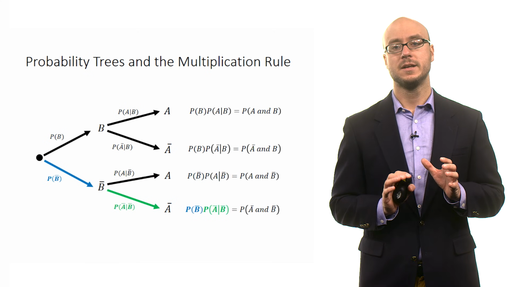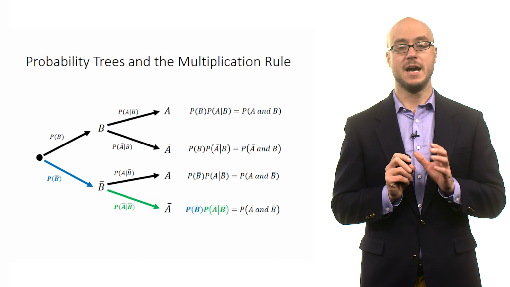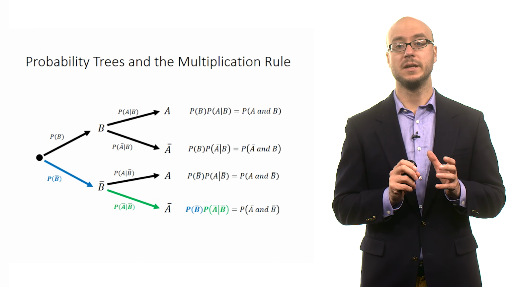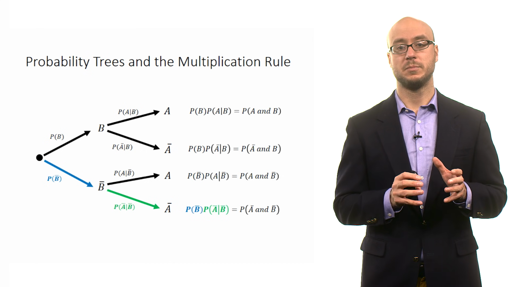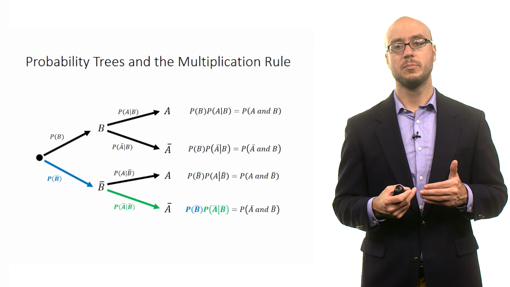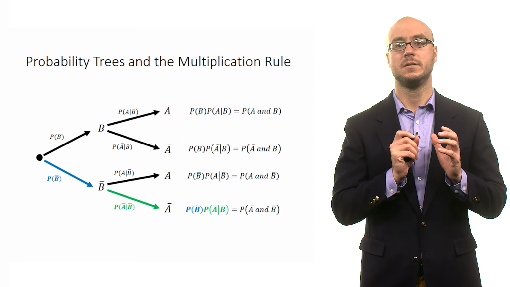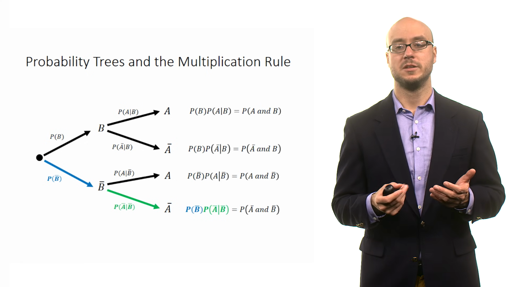This final set, we're trying to find the probability of not A and not B. So that first branch, labeled in blue, is the overall probability of not B. And then that green branch tells us the probability of not A given not B. And we can multiply those together.